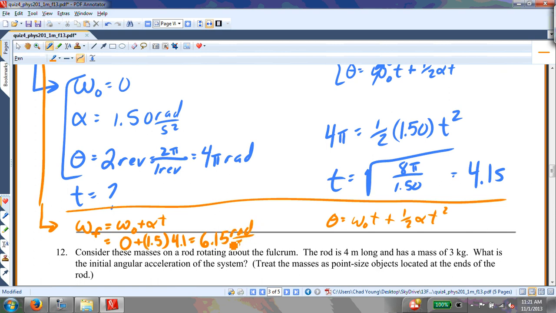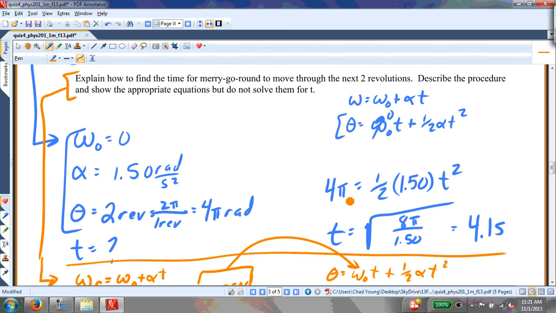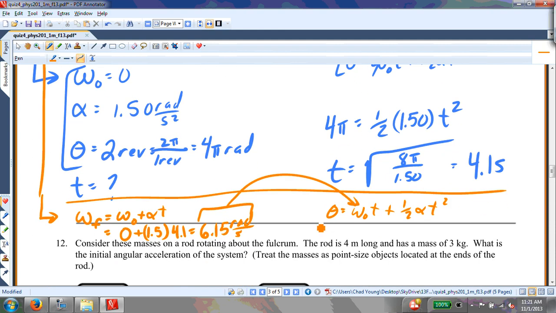Now, this is going to become the omega naught that is in this equation. I'm looking for the rotation through the next two revolutions. I know that's a theta of 4 pi equals 6.15 times t plus 1/2 of alpha times t squared. And then you solve that equation. I don't require you to solve it. That requires the quadratic formula.